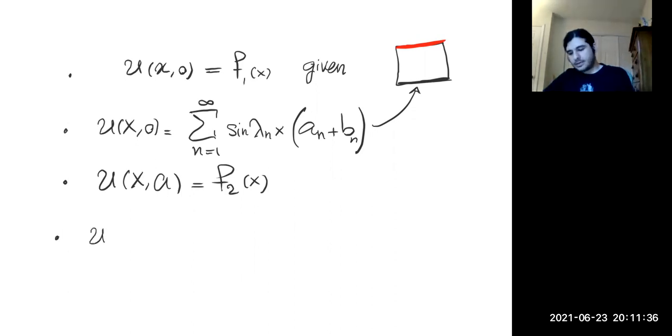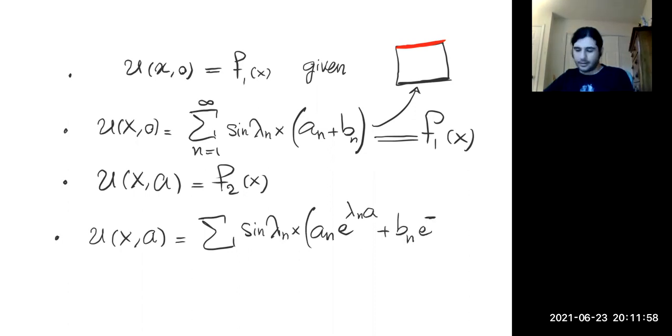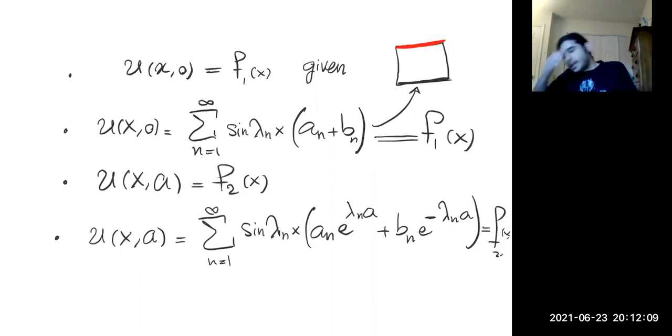So what do we get? u of x and a is equal to the sum of sine of lambda n x times (An e to the lambda n a plus Bn e to the minus lambda n a). This is supposed to be equal to f2 of x.